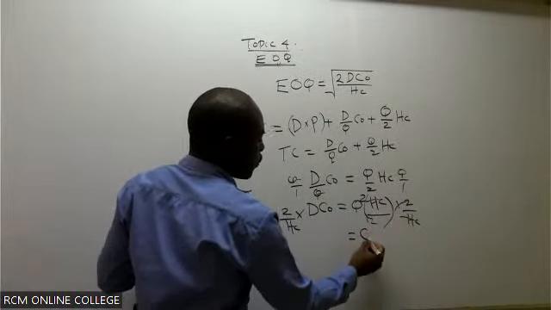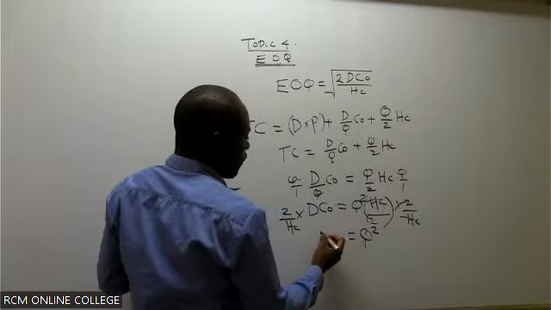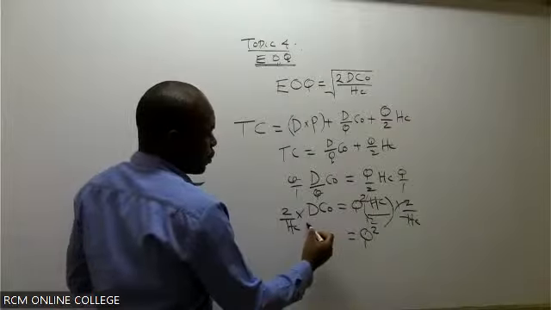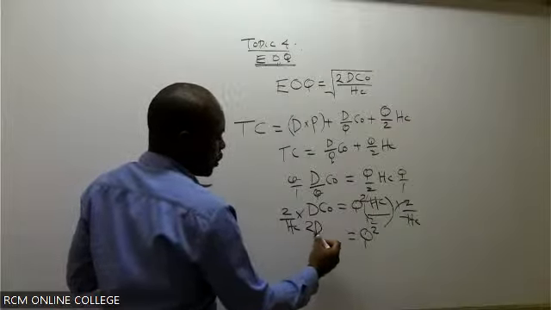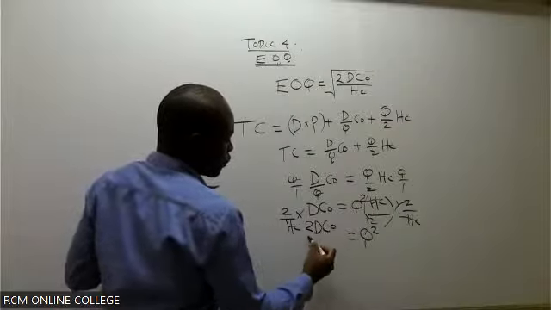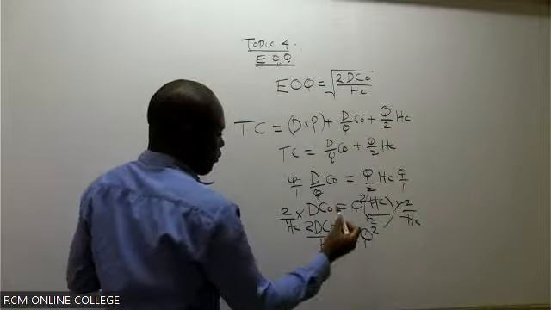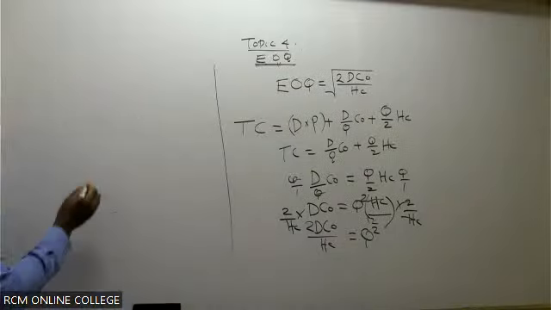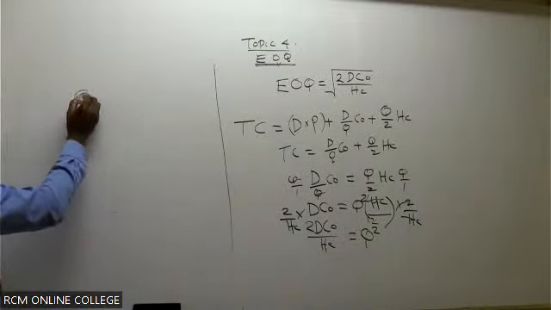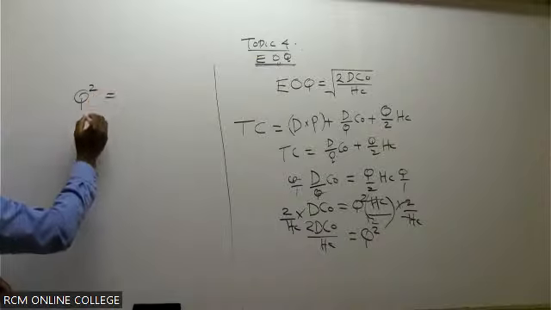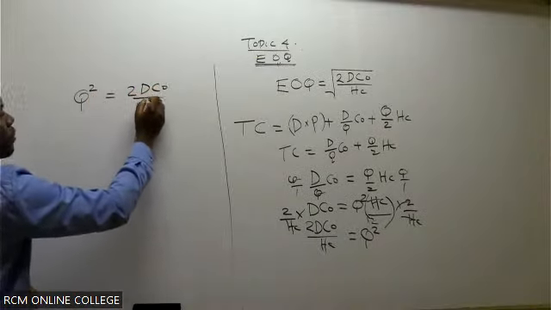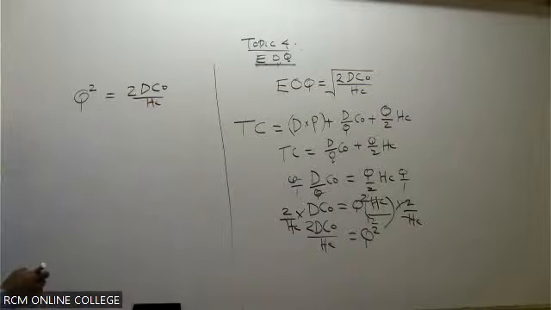I'm remaining with Q squared is equivalent to 2 multiplied by this, which is 2 DCO, over HC. So I have Q squared is equivalent to 2 DCO over HC, which is the holding cost.